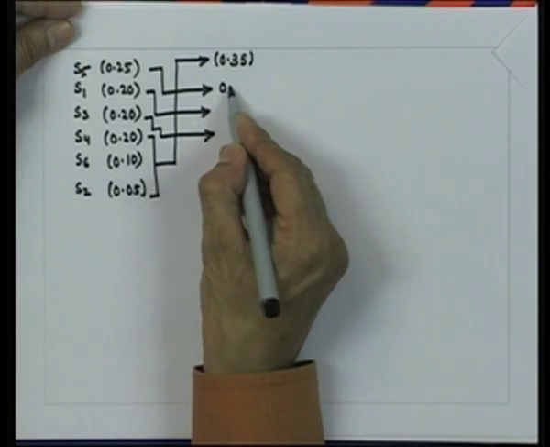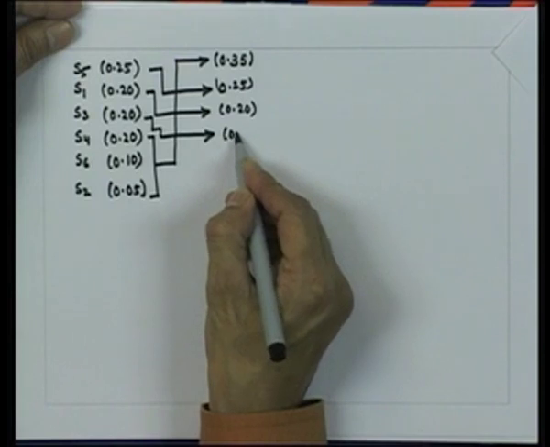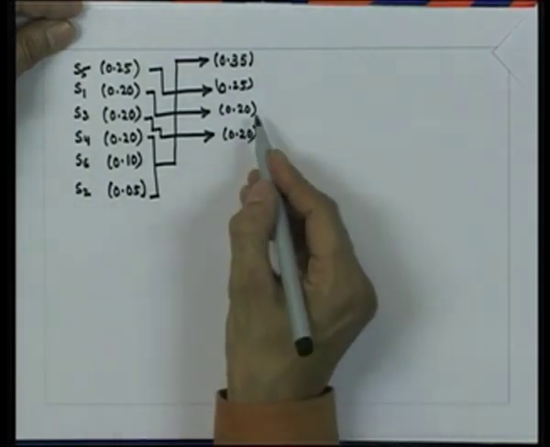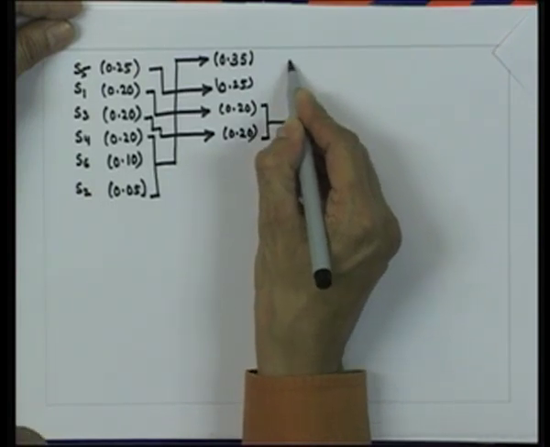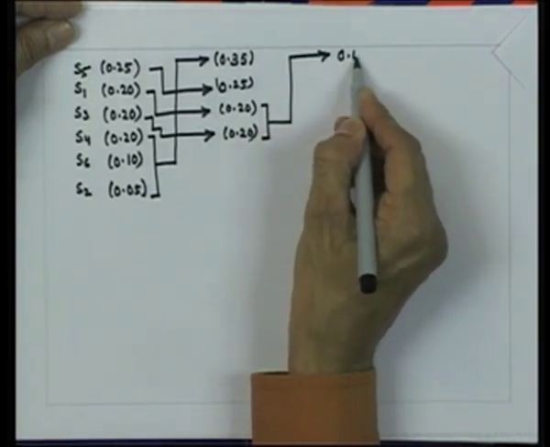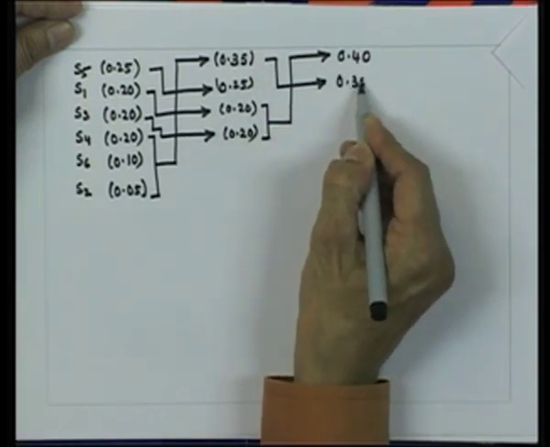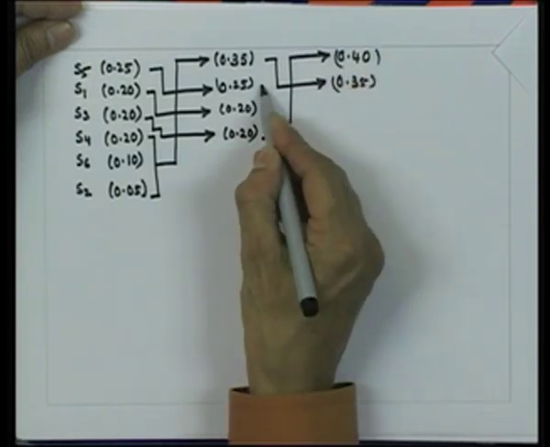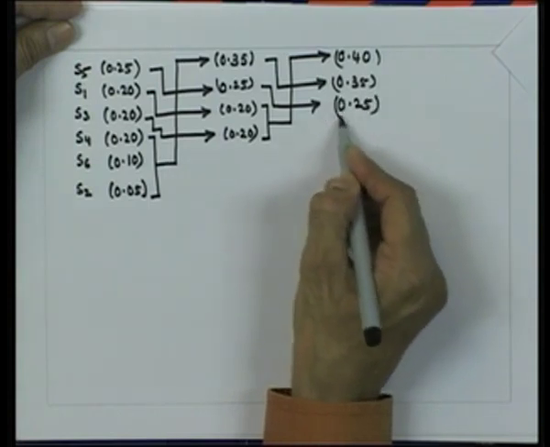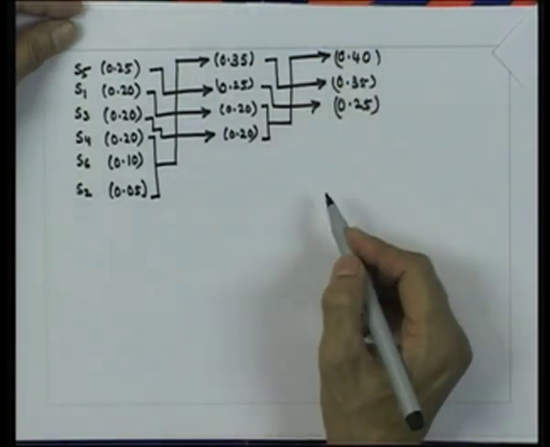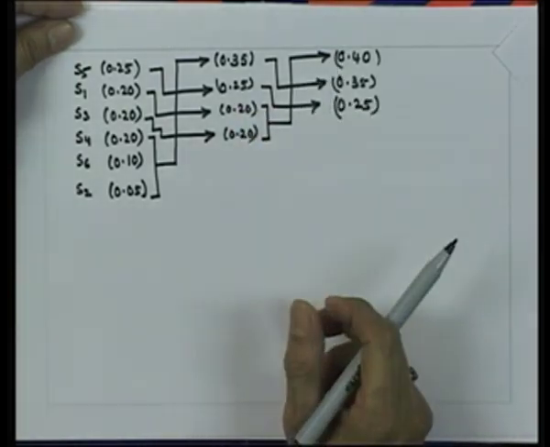These are 0.25, 0.20 and 0.20. Now, I combine 2 elements to get a reduction of the source. So, this is 0.40, 0.35 and finally 0.25. So, in the final stage again I have 3 symbols, but in this procedure in between I have combined only 2 symbols.